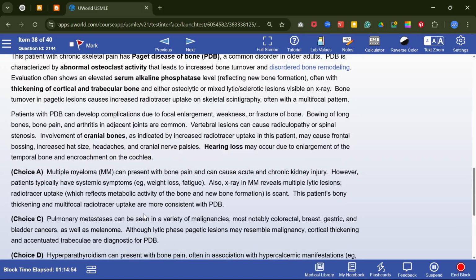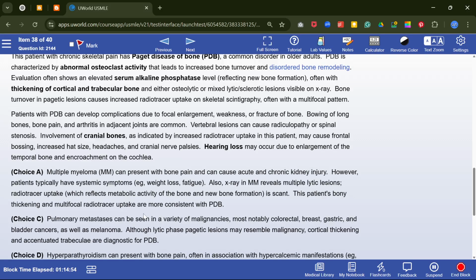Multiple myeloma can present with bone pain and can cause acute and chronic kidney injury. However, patients typically have systemic symptoms, weight loss, and fatigue.